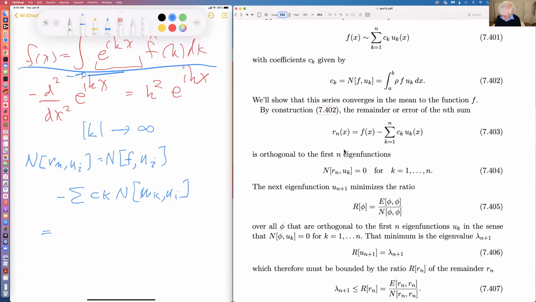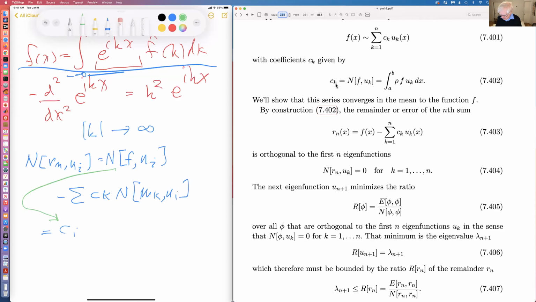And on the other hand, the inner product of f and u_k is c_k, so the inner product of f and u_i is c_i. So the first term here is just c_i.